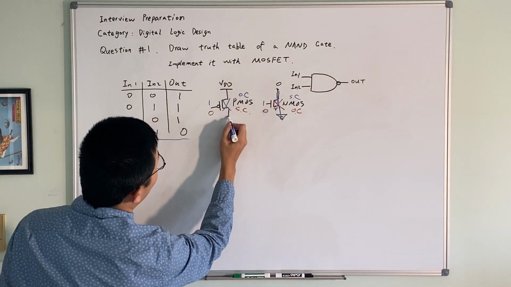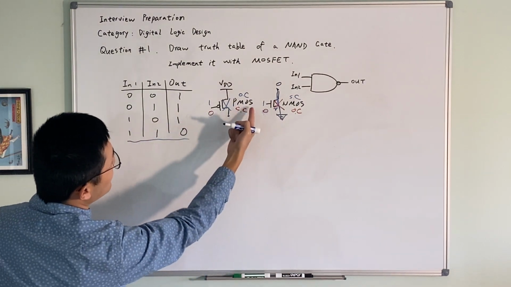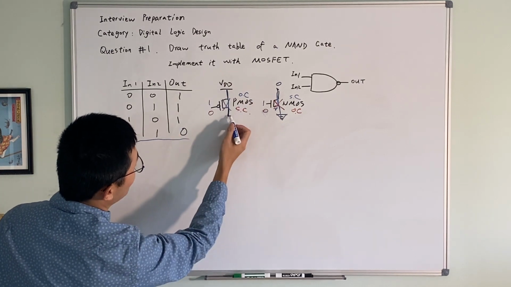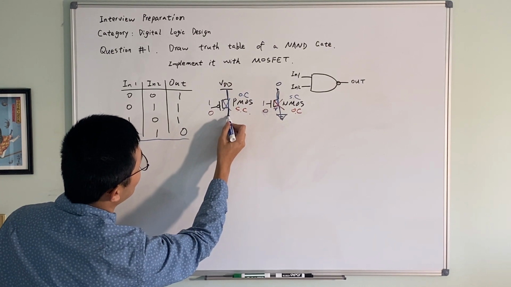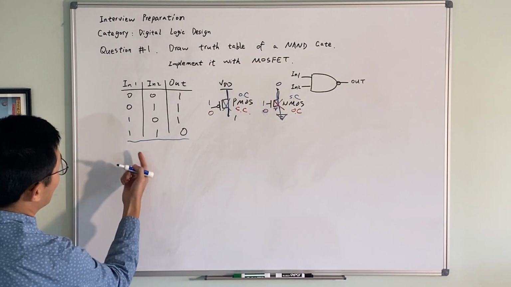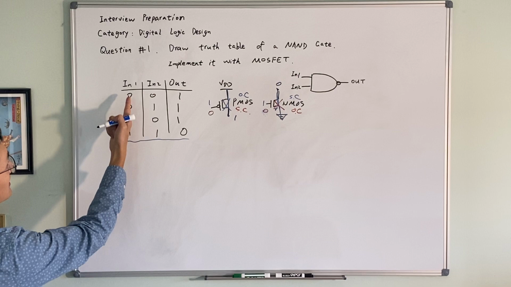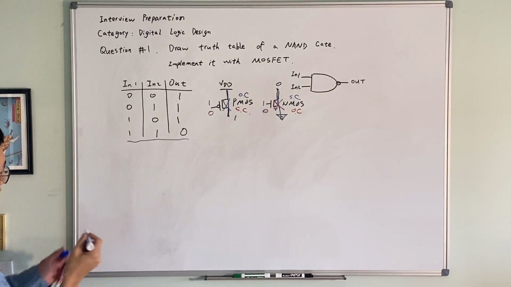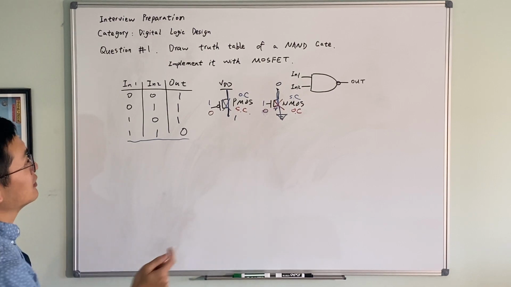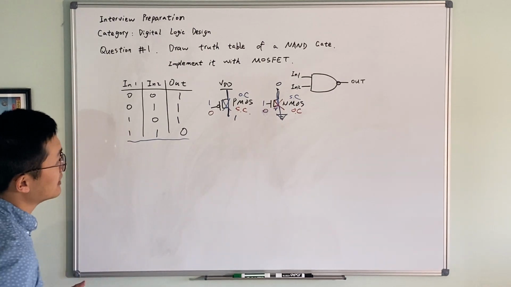Unlike this, when the PMOS is closed, it's a pull-up network, so it pulls the logic at the output here to the VDD, so you get a logic 1. So getting back to this, because we know input 1 and 2 need to be connected in series, we need a series configuration with a pull-down network.